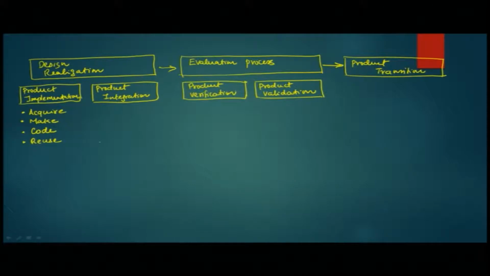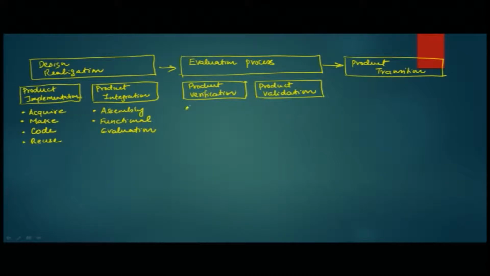In the product integration, the main part is assembly and functional evaluation. So, you assemble the product and then check whether it is doing the right functional aspects of the product.